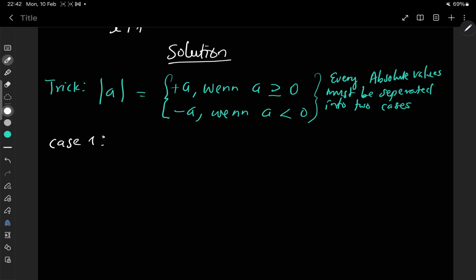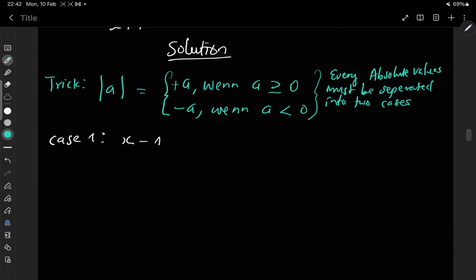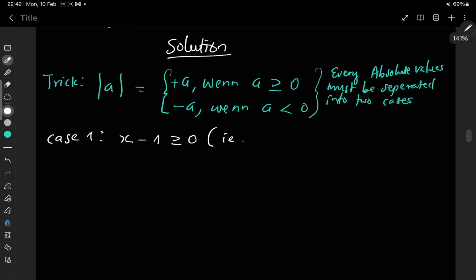Case 1 is when x minus 1, which is this absolute value we are considering now, is greater or equal to 0. That is, x is greater or equal to 1.